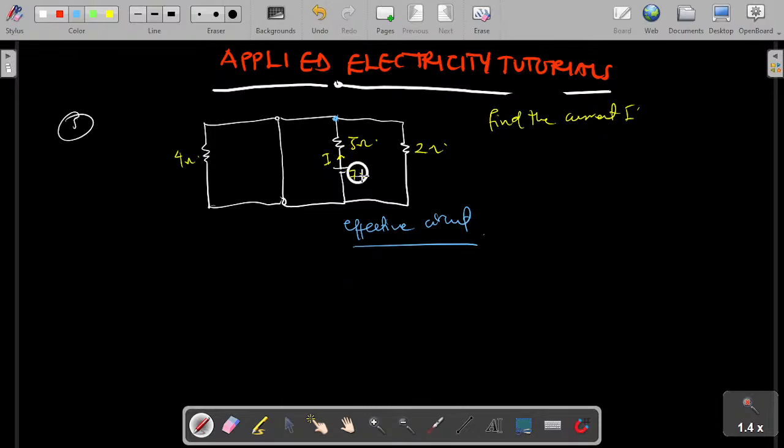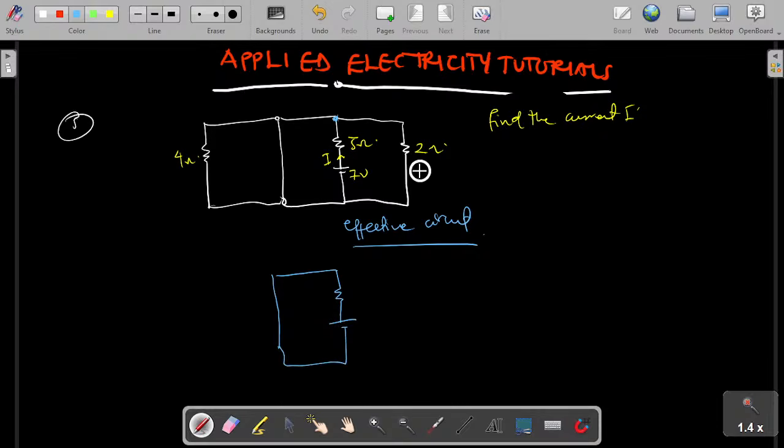So in order for us to find the current I, we need to know the effective resistors which will be in play, which will be working. Now, since the current will just skip this resistor and this resistor, we can confidently say that the 2 ohm resistor and the 4 ohm resistor have been short-circuited. So the effective circuit for this is simply going to be having this here, this, this to this.